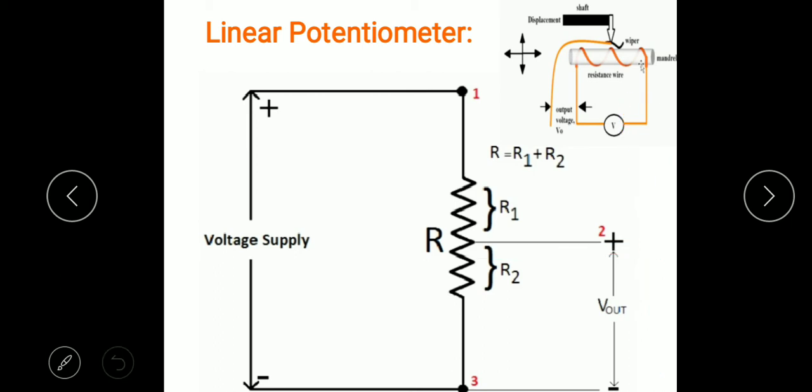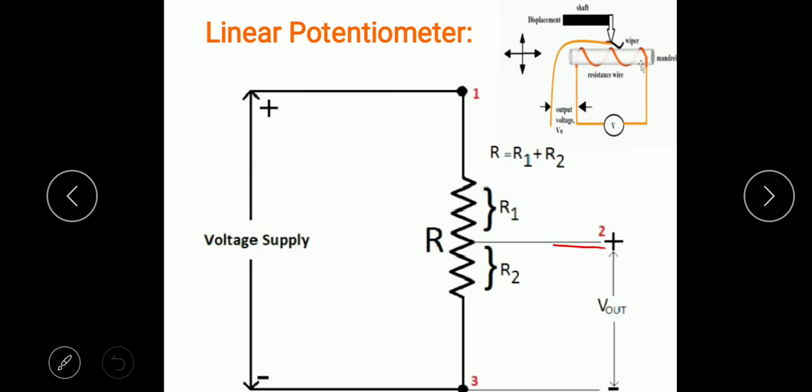Now just because of the wiper contact, you can see in the circuit diagram the two resistance values will be generated, because this whole potentiometer works on the voltage division rule. Okay, so how the voltage is dividing, you can see the two resistances we will get when the wiper is connected to that member.